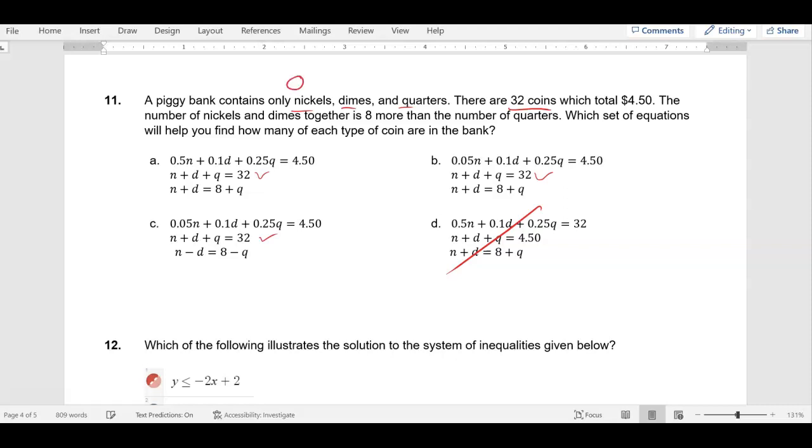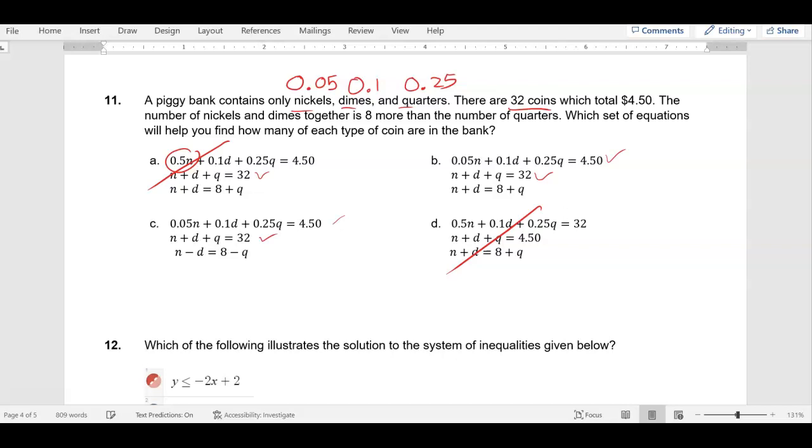A nickel is 0.05, a dime is 0.1 and a quarter is 0.25. 0.5 is 50 cents. So 0.05 N, 0.1 D, equals 4.50. Okay, that's good. So it's between B and C.